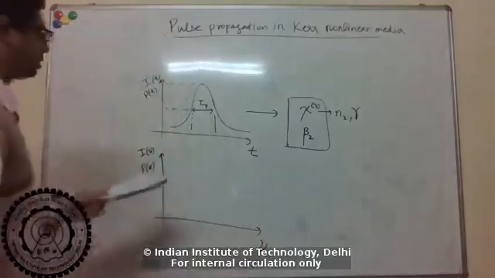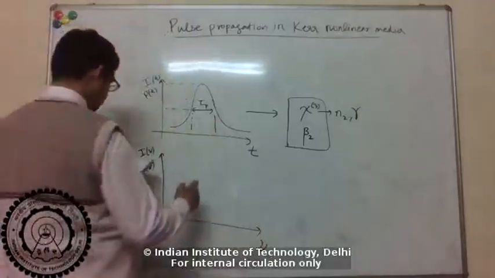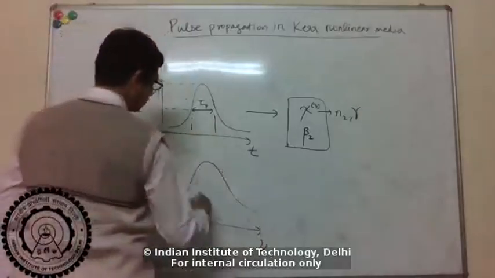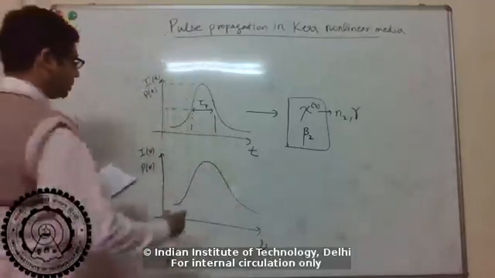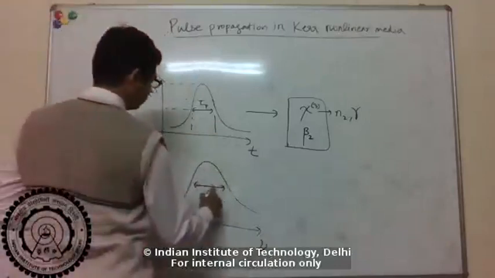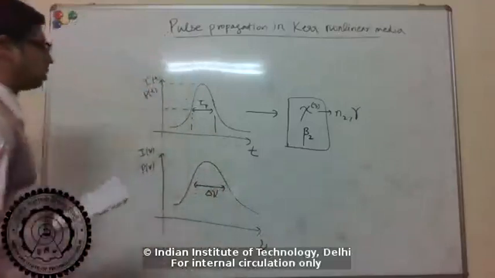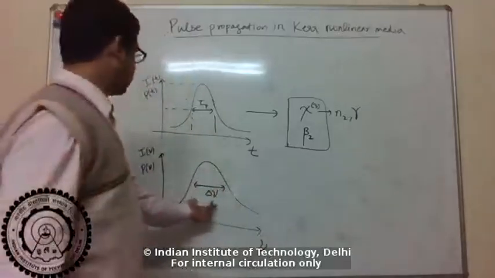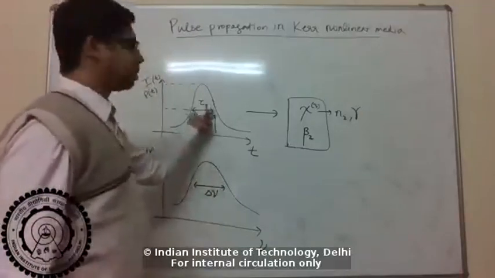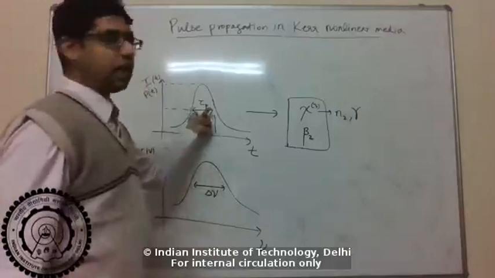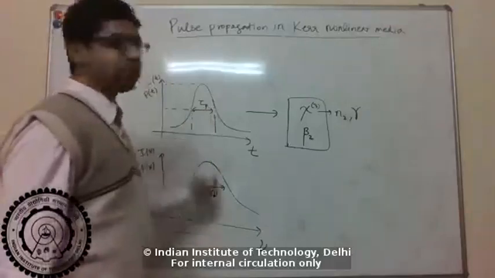if you plot again the power as a function of frequency nu, you'll again get some continuous distribution, which has some bandwidth. This delta nu, the bandwidth in frequency space, is related to the pulse width in time, and you know that they are inversely related.